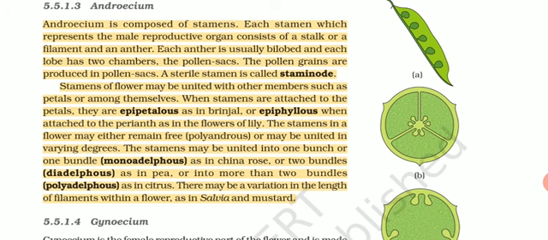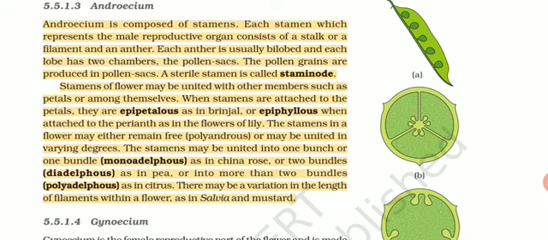Sometimes there are a few flowers in which stamens are sterile. Now what is the meaning of the term sterile? Sterile means that they can produce pollen grains but they are not viable. Viable means they are not able to help in fertilization.